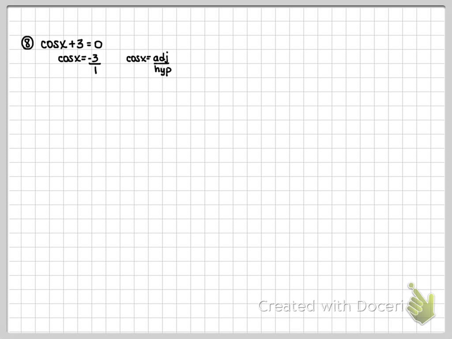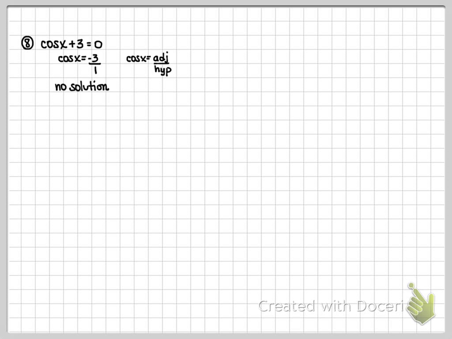Well, that causes some problems. There is no right triangle in existence where the hypotenuse is going to be smaller than the adjacent side. This type of a situation has no solution because cosine has to have that the adjacent side, no matter what, is always going to be less than the hypotenuse itself.